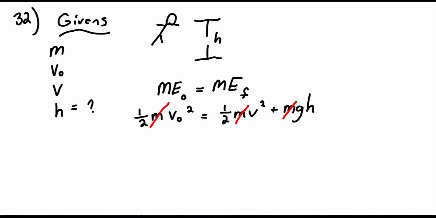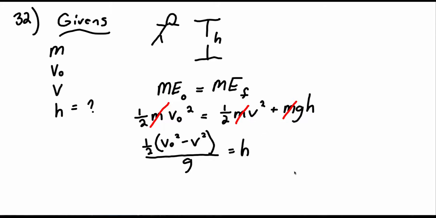Now we are left with an algebra problem solving for h. I can factor out the 1/2 and say v0 squared minus v squared, so that's just subtracting this to this side. Then I would have it all divided by g, and that would give me my height.